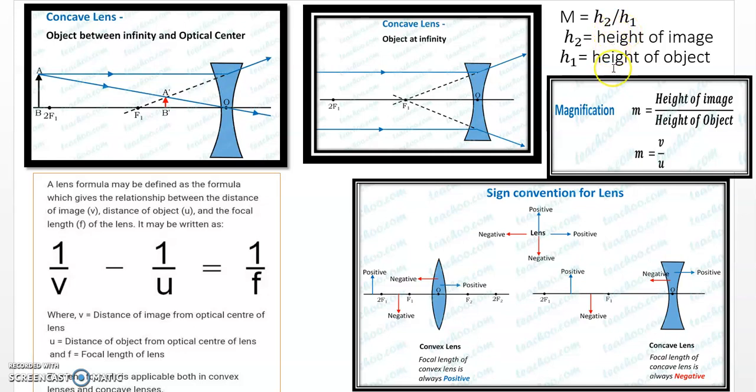H2 is the height of the image and H1 is the height of the object. It is also V upon U, where V is the image distance and U is the object distance. So these two are interrelated: V upon U is equal to H2 upon H1.